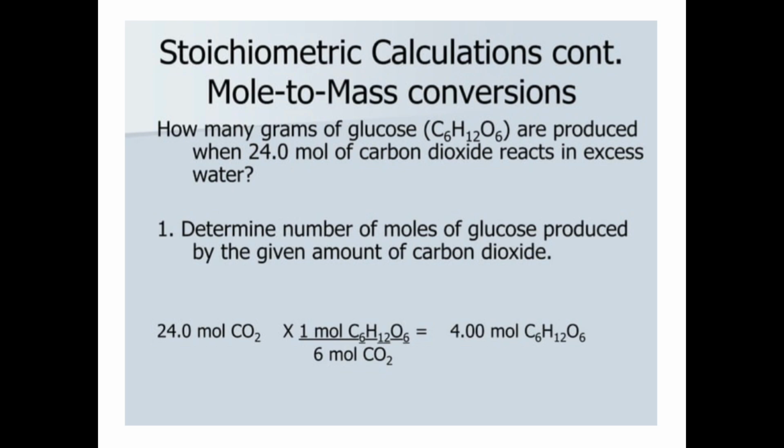Then 24 mole of CO2 will produce X mole of glucose. So 6 mole is equal to 1 mole, 24 mole is equal to X mole. If you cross multiply, you are going to have 6X equal to 24 times 1. Then X is equal to 24 over 6, and that is 4 mole of glucose. So 4 mole of glucose is the actual mole of glucose from this reaction.